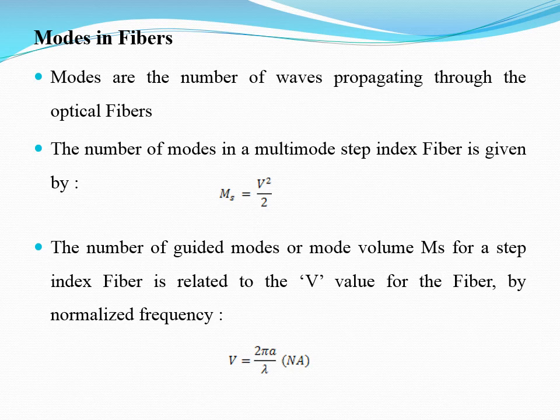The number of guided modes for a step index fiber is related to the V value, and V is equal to 2 pi into a by lambda into the numerical aperture, where a is the fiber core radius and lambda is the operating wavelength.